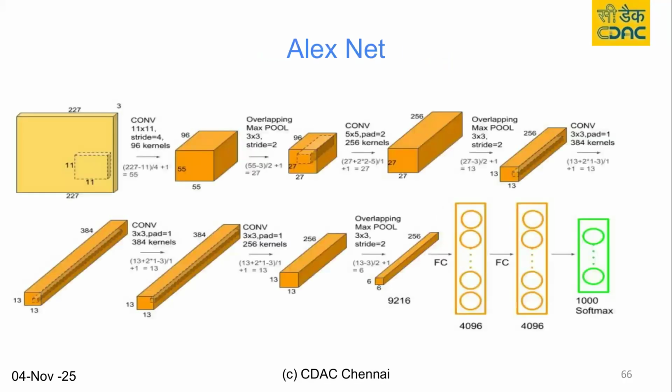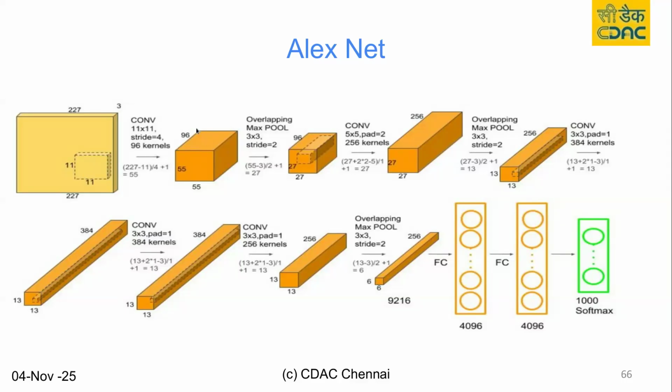So, as I said, AlexNet was the first such neural network. This is the architecture of AlexNet, where the input image is 227 cross 227 cross 3, and the kernel, the weight matrix, is 11 cross 11, and they have used a stride of 4. Not only one matrix, they have used 96 such 11 cross 11 matrices.